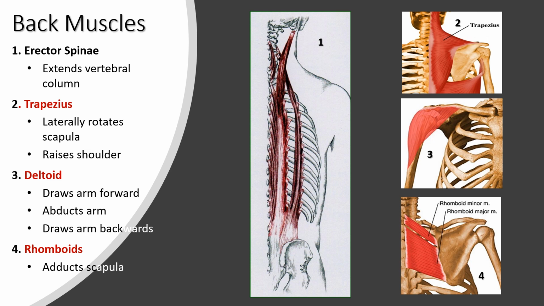As the name suggests, erector spinae, this extends the vertebral column. So it keeps us upright and is very necessary for our posture.